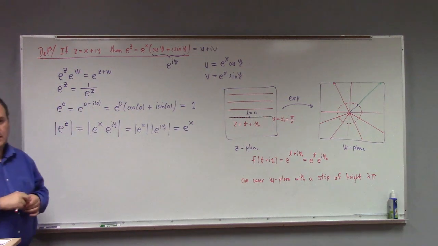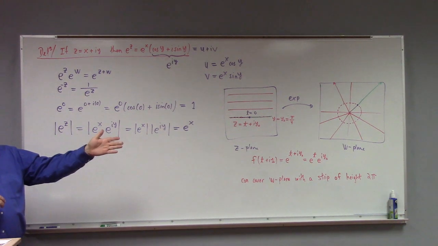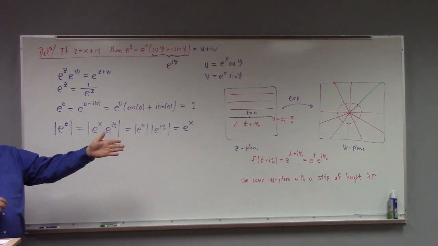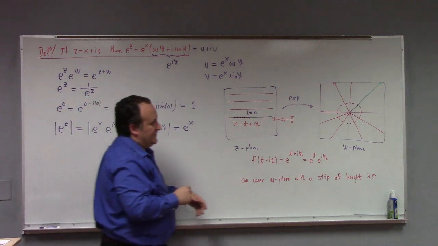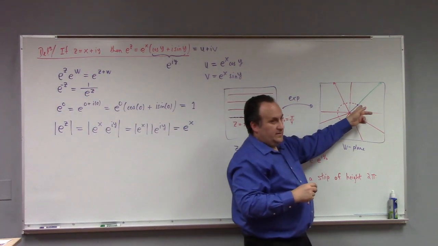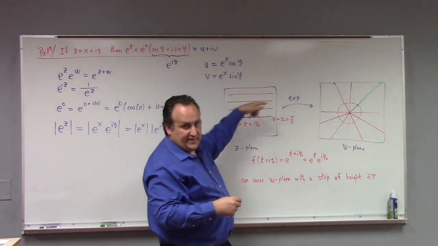So what that means is that the complex exponential is not one-to-one. It's not covering the codomain once. It's covering it how many times? Infinitely many times. So if I was to look at the inverse image of one point here, there's a countably infinite set over here which all maps to that one point.